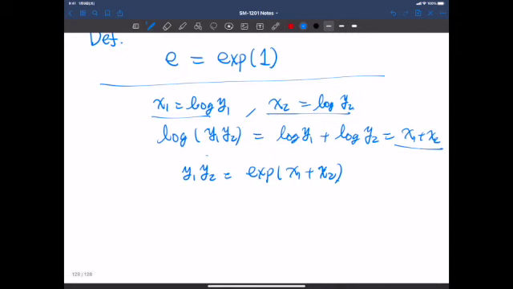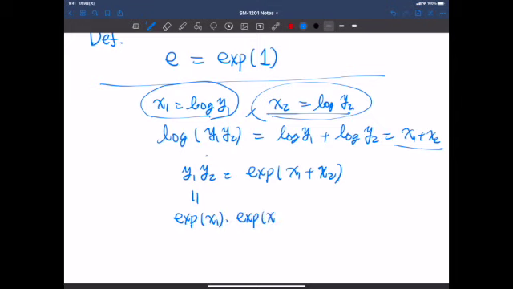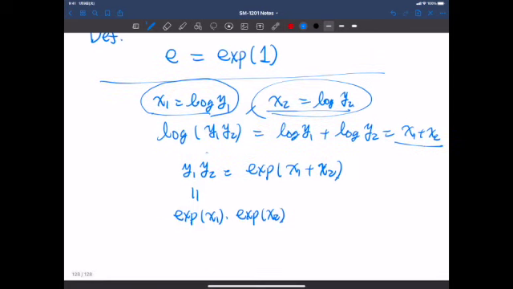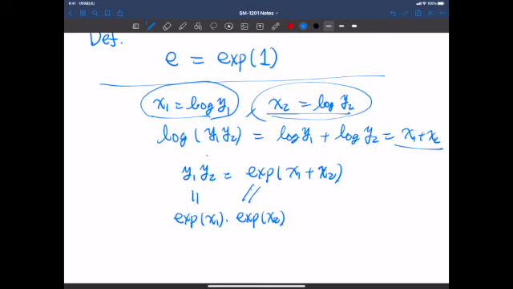But we can also take the inverse of these, right? So y1 is equal to exp of x1 and y2 is equal to exp of x2. So these things are equal. So exponential of x1 plus x2 is the product of exponential x1 and exponential x2. And this holds for all x1, x2 in real numbers.